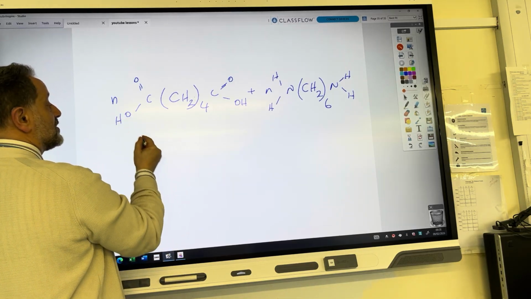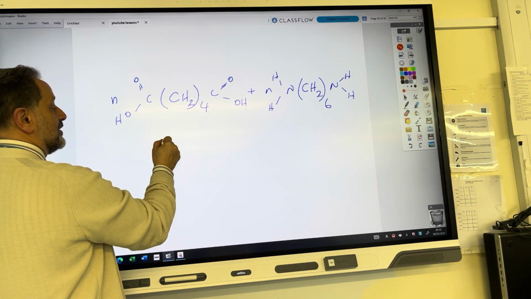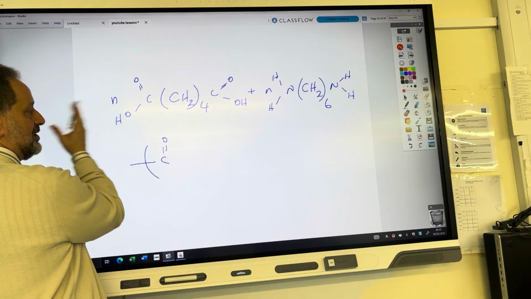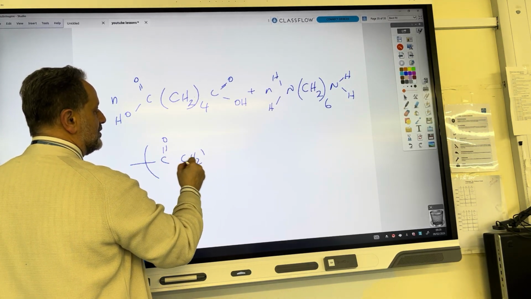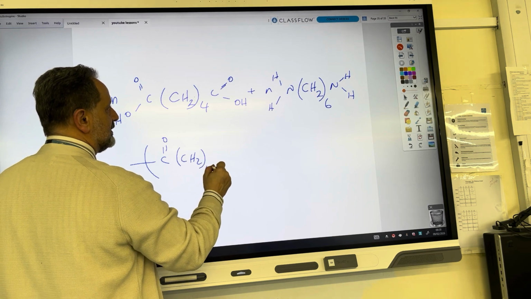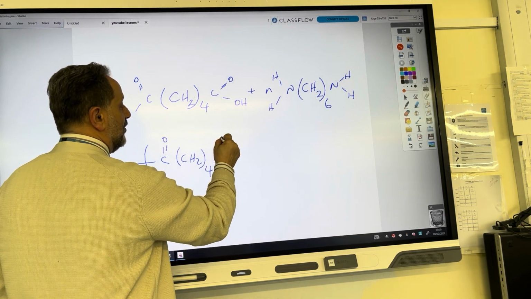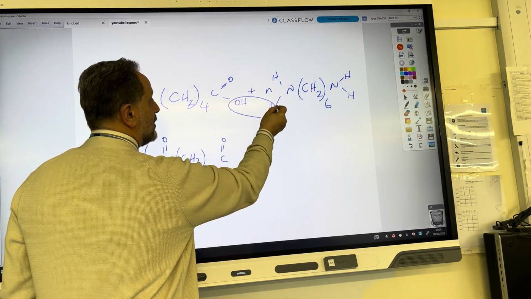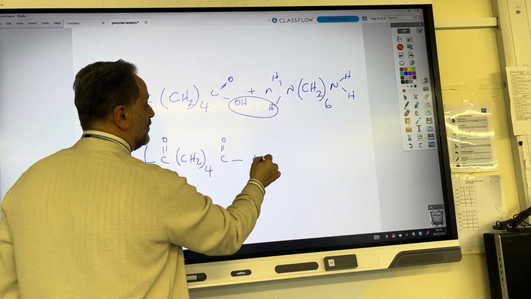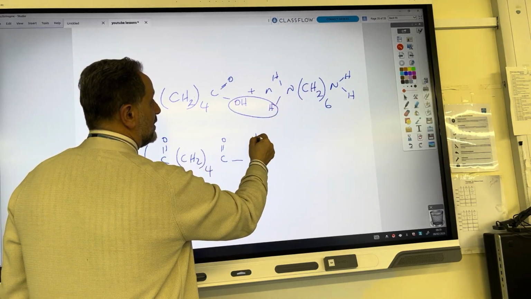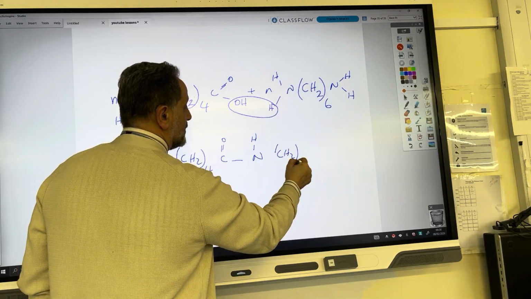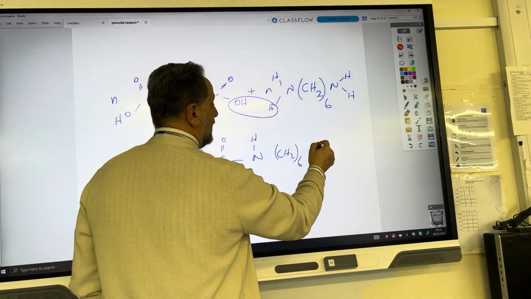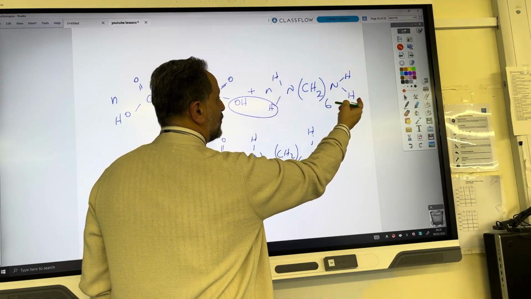Well, from the carboxylic side, OH is lost, isn't it? So you take the OH out, you put a bracket around it, that CH2 in the middle is going to remain put. And then you have OH, and these two will react, and so what have you got now on the other side? NH, and then that is attached to CH2 6 times, and then you have NH, and then from that side, what is lost?